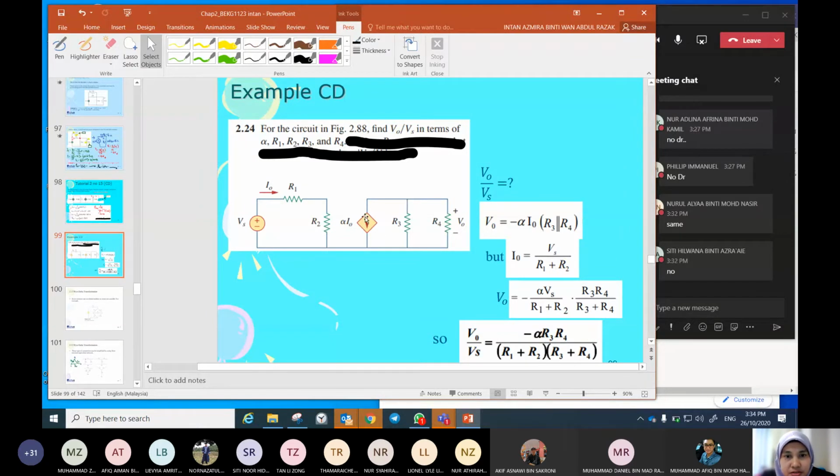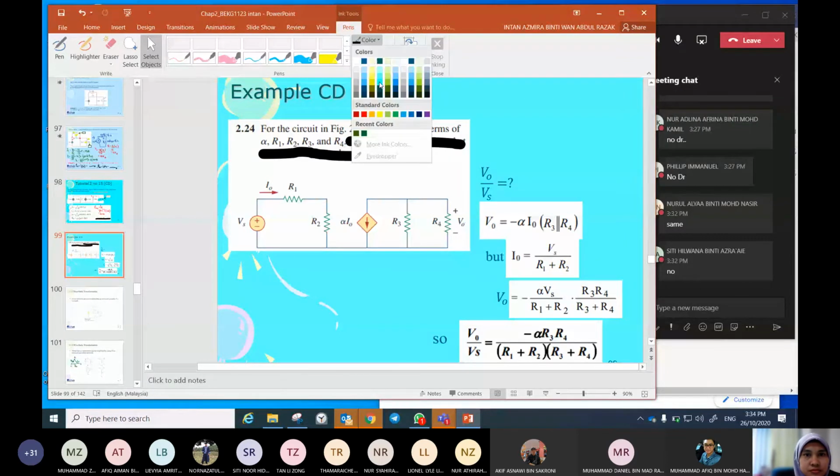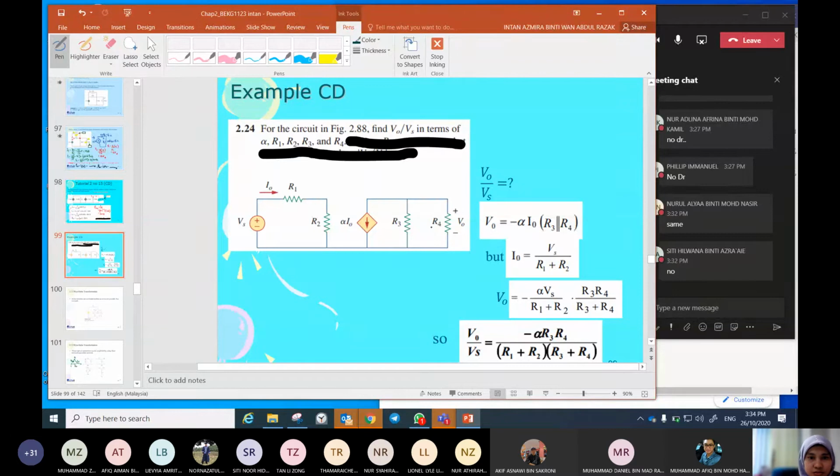I know this is the current source. Okay, so R3 parallel with R4. So this one, okay, this can be simplified like this. So this is R3 parallel with R4.